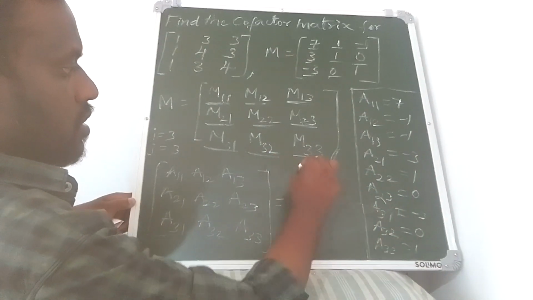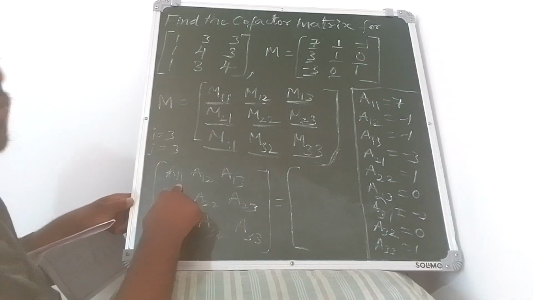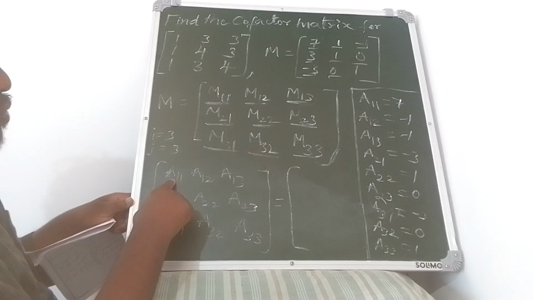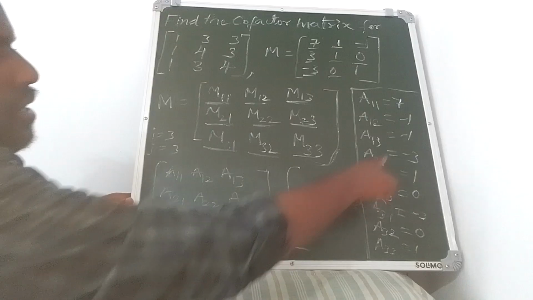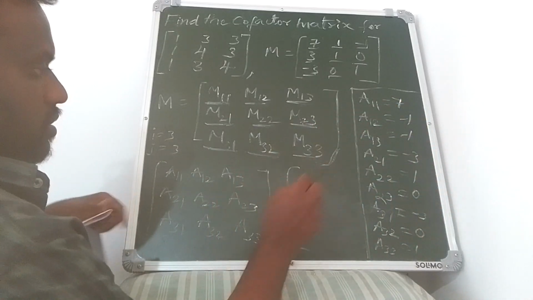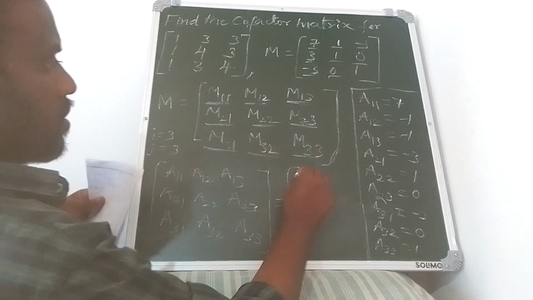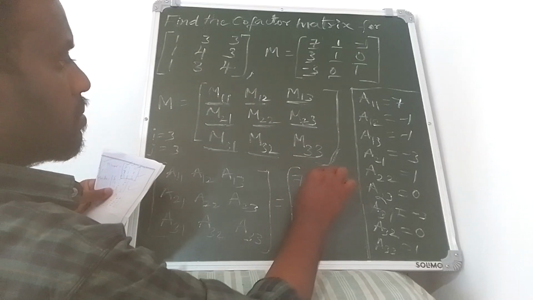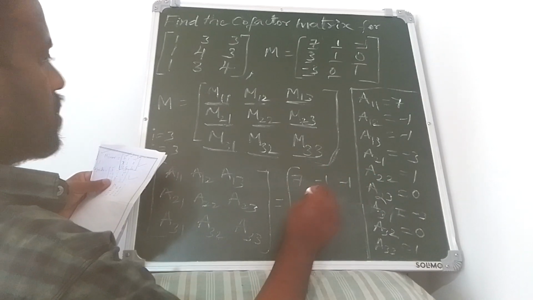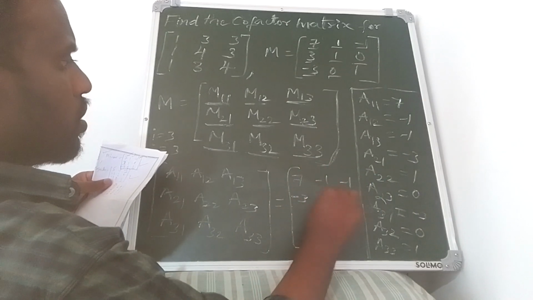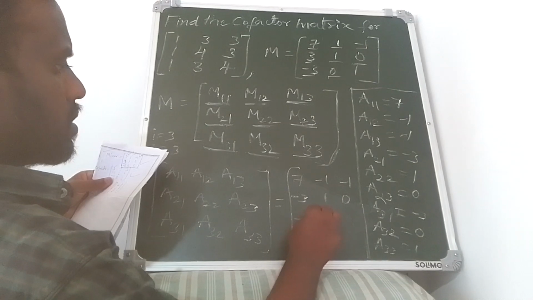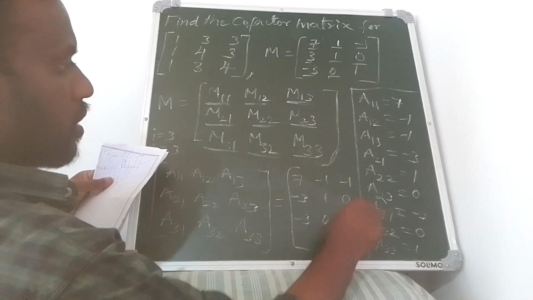Now we have values for a11, a12, everything here. Substitute these values here: 7, minus 1, minus 1, minus 3, 1, 0, minus 3, 0, 1.